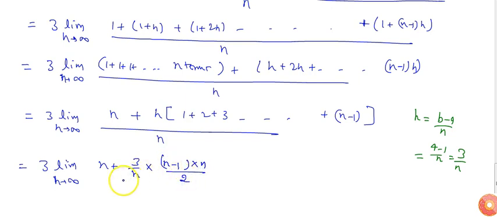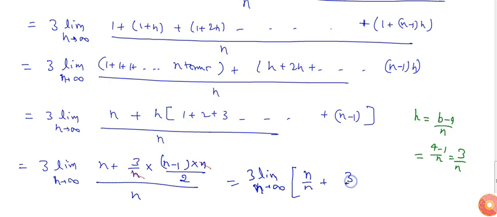So from here the n will get cancelled and the remaining term is limit n tends to infinite, n by n plus 3 by 2, n minus 1 by n.